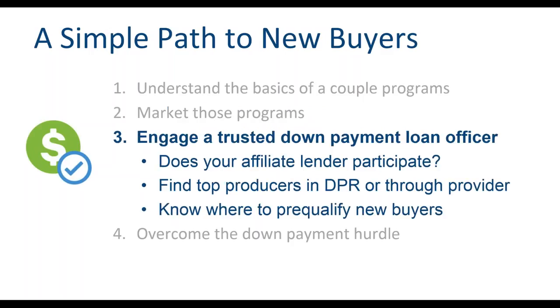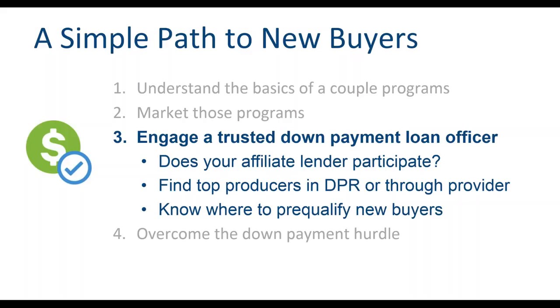Once you're marketing these programs, make sure that you have a relationship with a loan officer or lender who knows these down payment programs, can set expectations, can get your buyers through the pipeline, and whom you trust to handle your new clients. And lenders, now that I just said that to realtors, that's your new positioning.